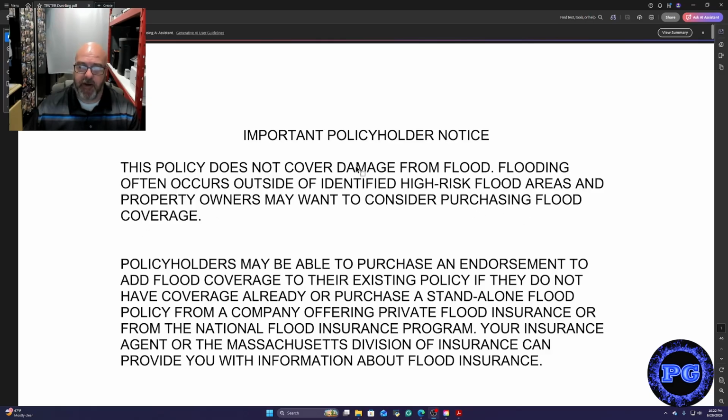So what is this telling you? On any homeowner's policy, flood is not going to be covered. And neither is earthquake, war, things like that, which are not typically covered on a homeowner's policy, or a dwelling and fire policy like this, right?